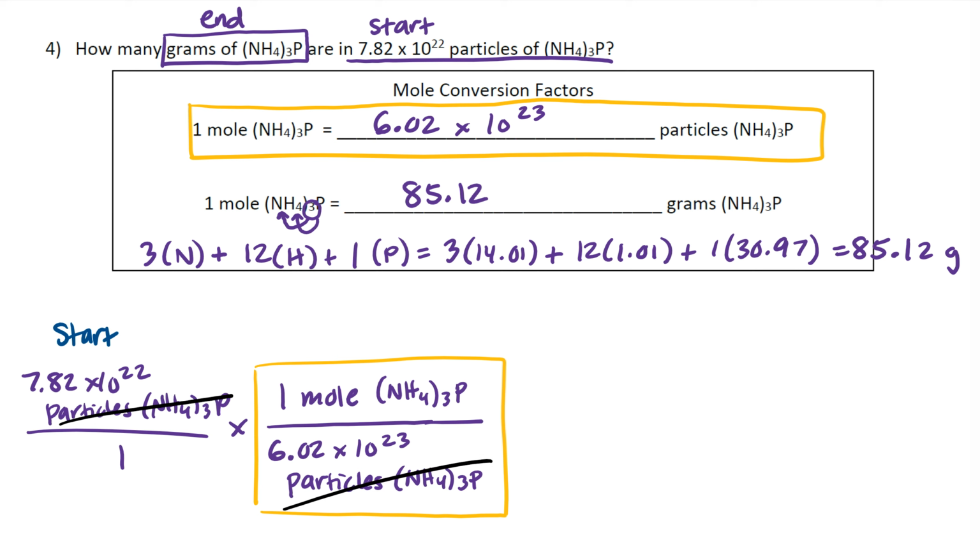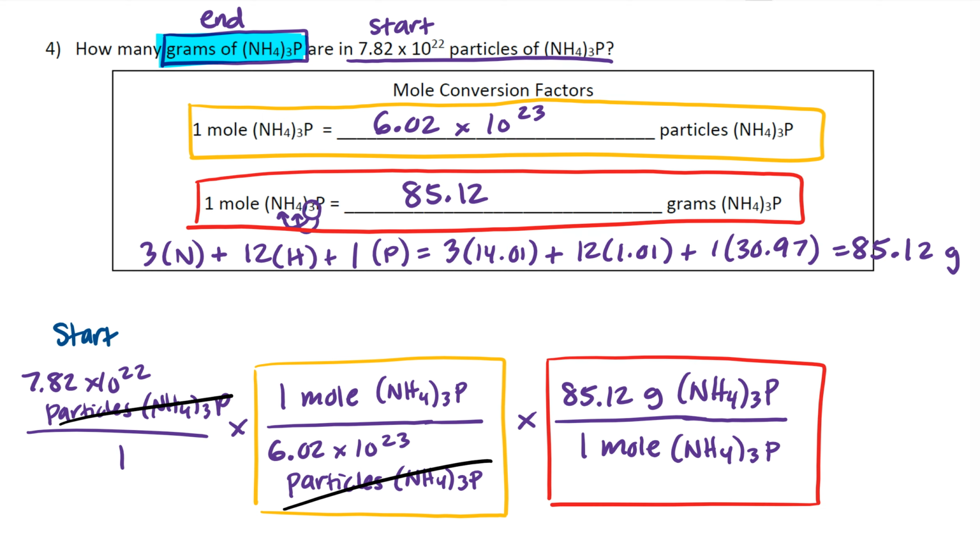And now I'm going to need another conversion factor because right now in my work, I have moles of ammonium phosphide. However, my ending unit needs to be grams of ammonium phosphide. So we're not done yet. So let's put in another conversion factor.